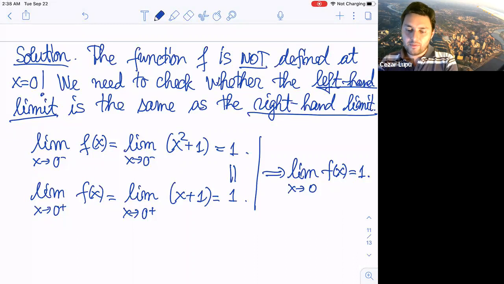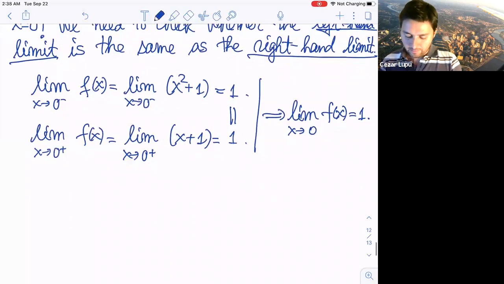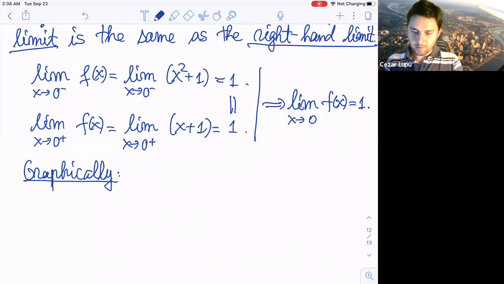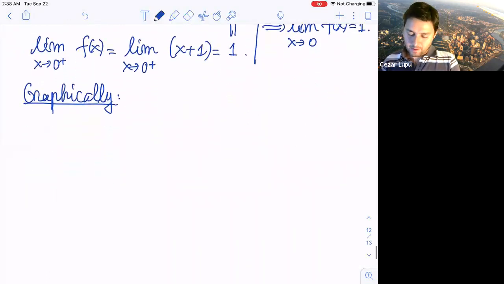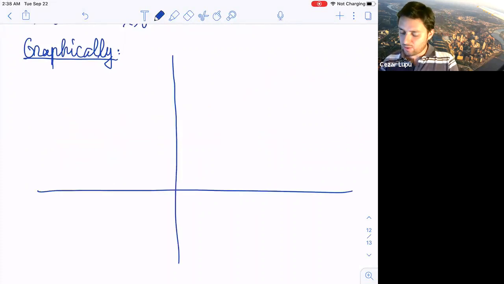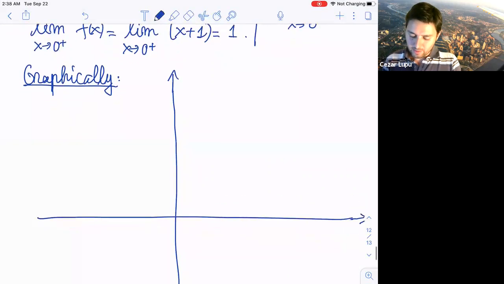Okay, and in fact, we can actually see this graphically. Let's see graphically what's going on. And let's draw the picture. You always draw a picture so that you can see it better. So graphically, we'll have this point, so the limit here will be at this point 1.